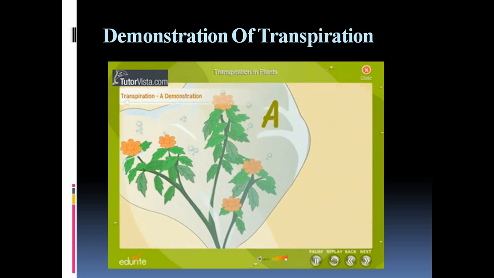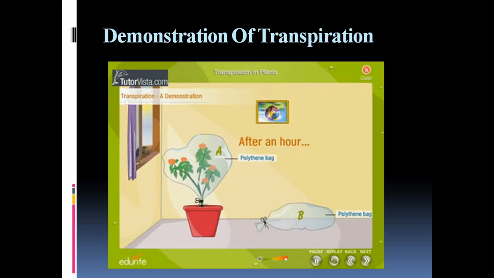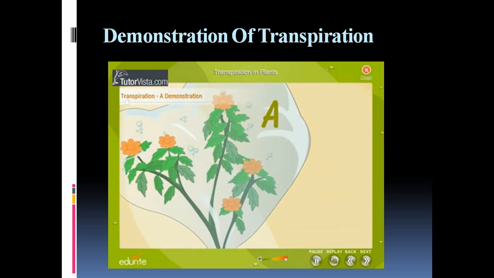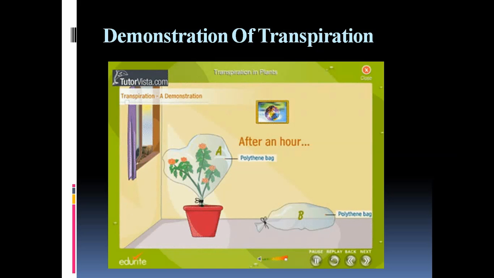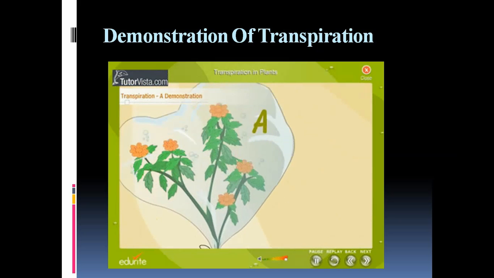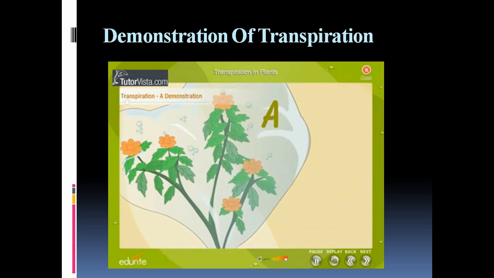As another control setup we have taken, that is number B, an empty polythene bag, and we keep this full setup for a while, and after an hour we notice that the inner surface of the polythene bag is having water droplets.